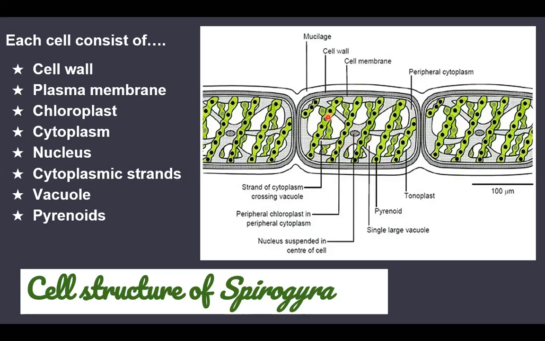Here you can see the black dots, which are the pyrenoids. Pyrenoids have a central core of protein surrounded by starch. This is the reserve food material for algae. So this is the cell structure of Spirogyra.